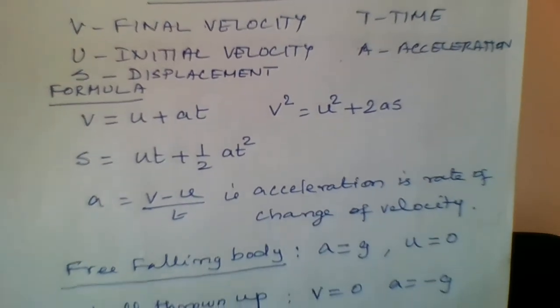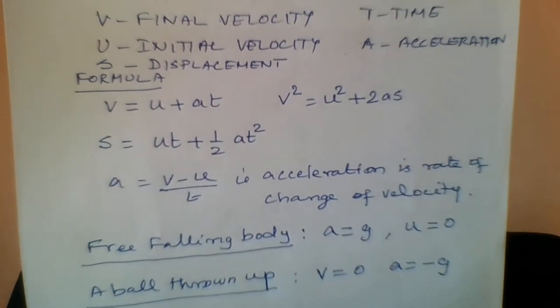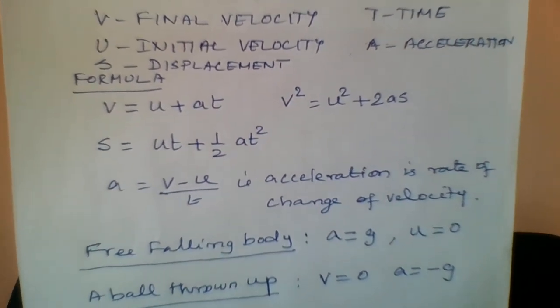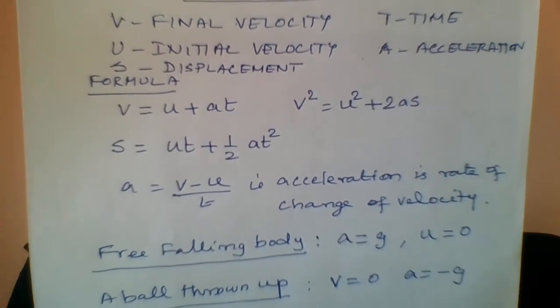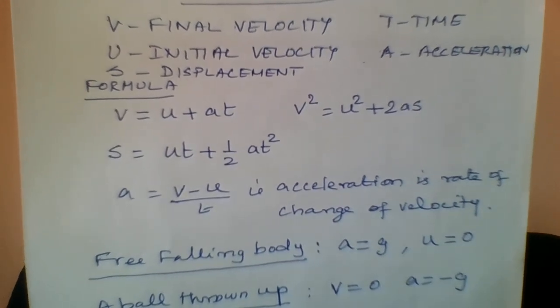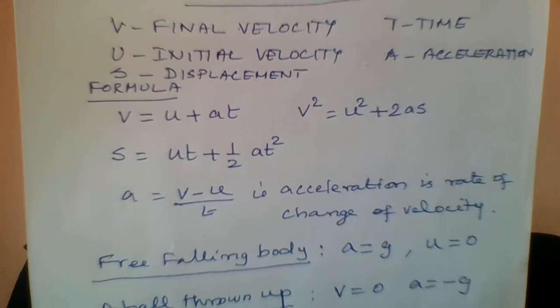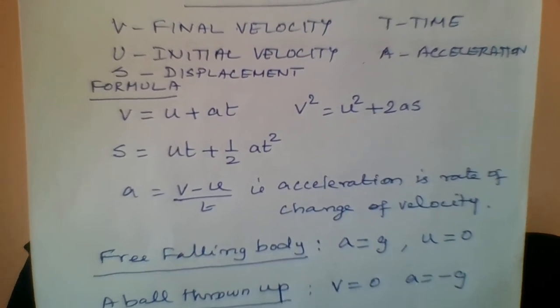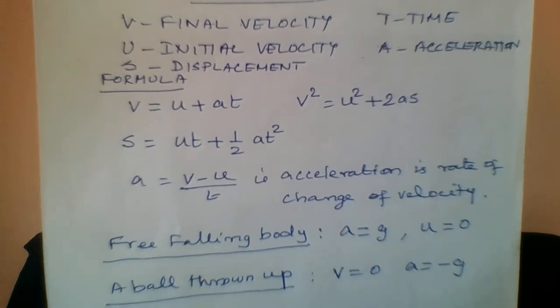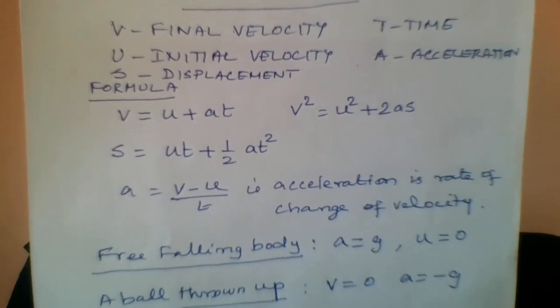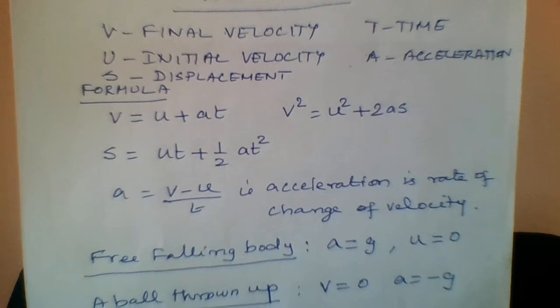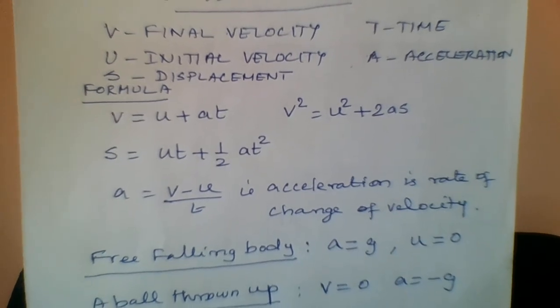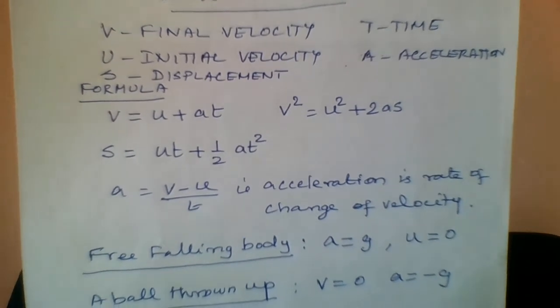So when you throw a ball from bottom to up, it goes to a distance and then again it will fall back on the ground. So there the final velocity v is equal to 0 and acceleration is equal to minus g, where g is the acceleration due to gravity.